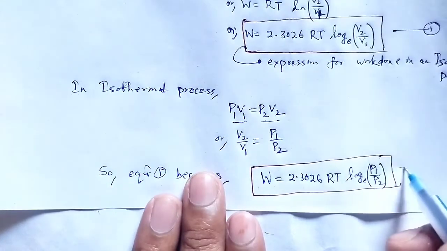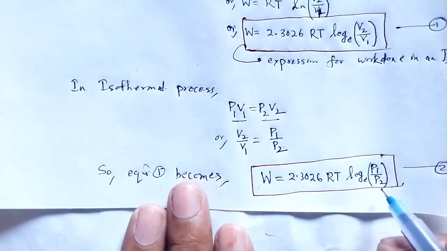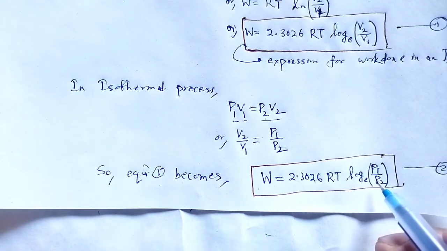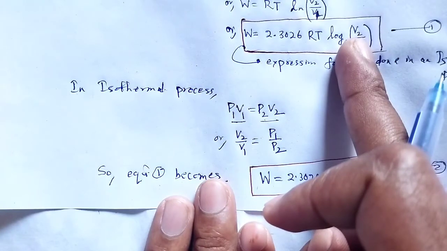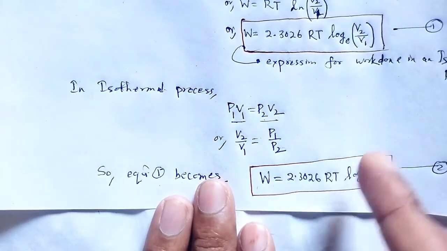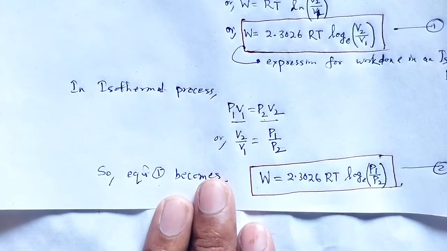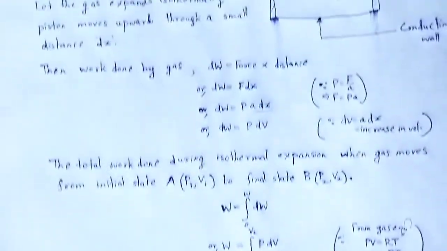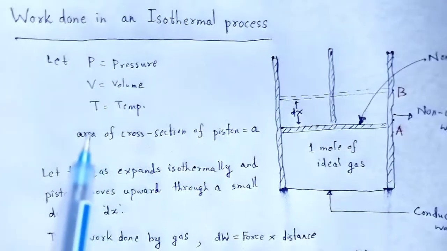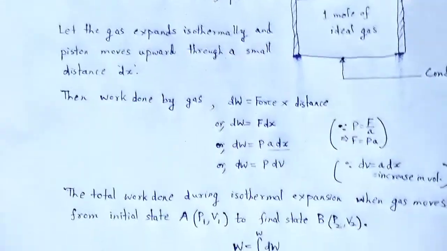That is the expression for work done in terms of pressure. That is one expression in terms of volume, and that is one expression in terms of pressure. This is the work done in an isothermal process.